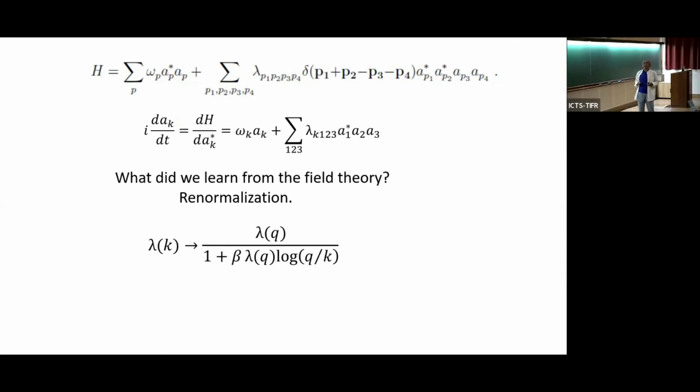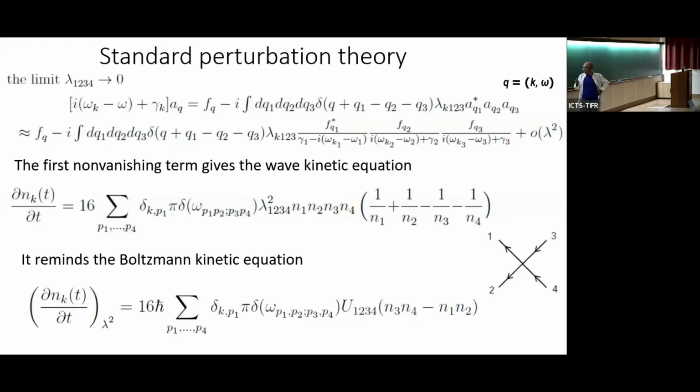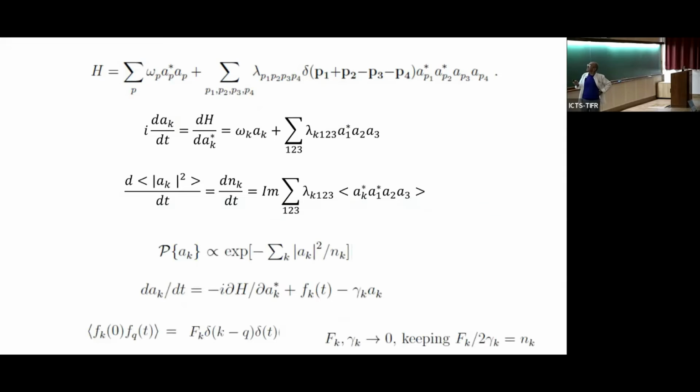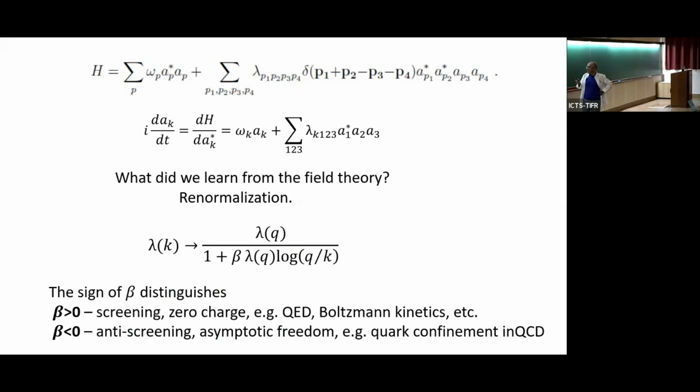So first of all, what did we learn from quantum field theory, thanks to the heroic generation? This is, in a nutshell, the main formula which we get out of here. And it tells us the following: this lambda really is a function of k.